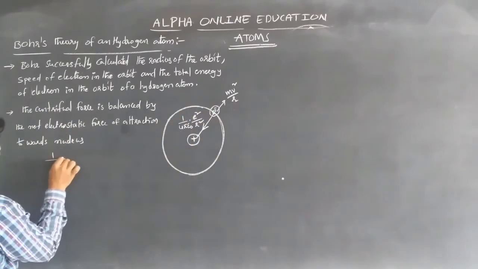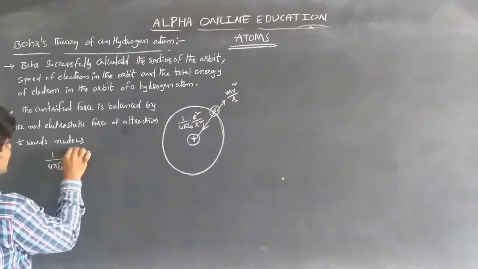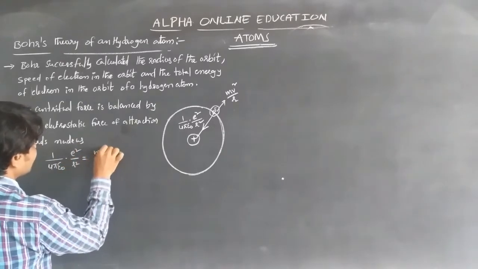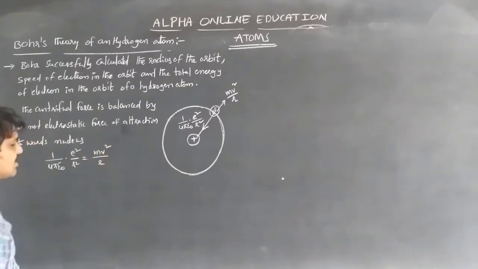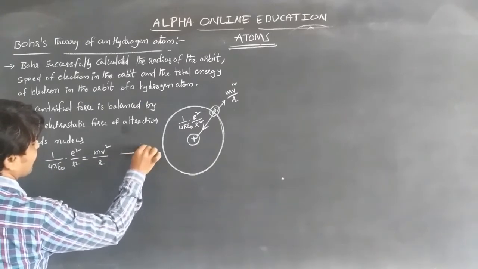So we can write 1 by 4 pi epsilon naught into e square by r square is equal to mv square by r. This is considered equation number 1.